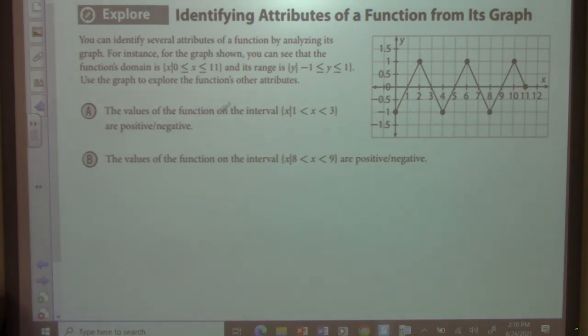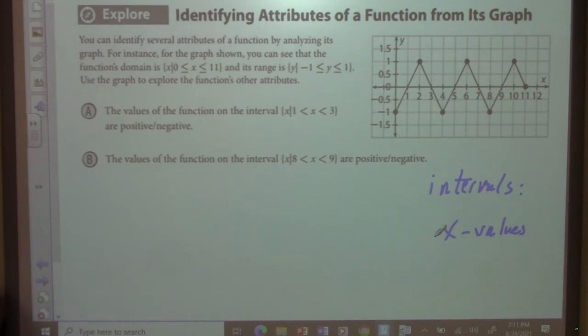Okay, and so the values of the function on the interval from 1 to 3 are positive or negative, so you have to choose. So you look at this interval, and when you talk about intervals, what are you talking about? The graphing point. Actually, intervals mean x values. So the intervals are the x values.